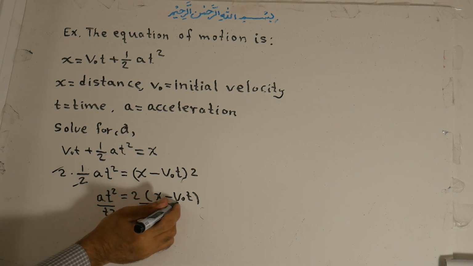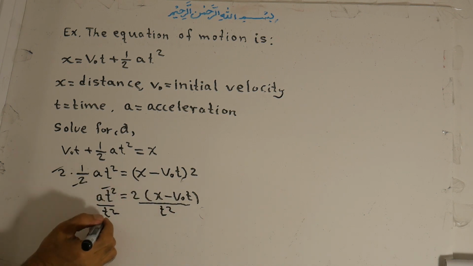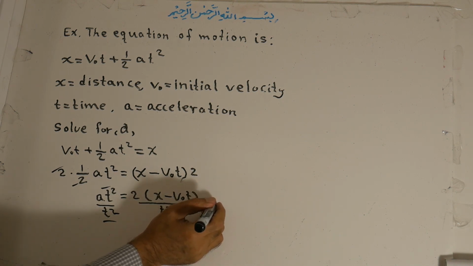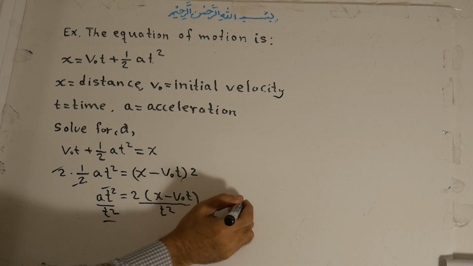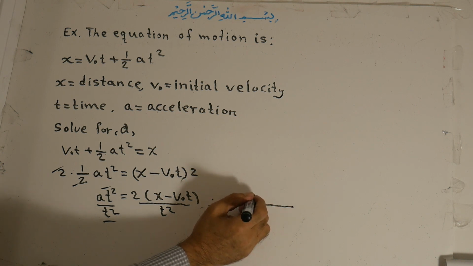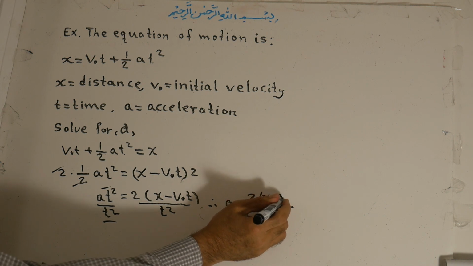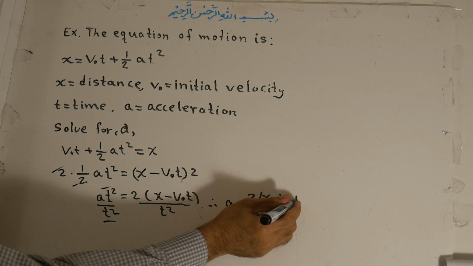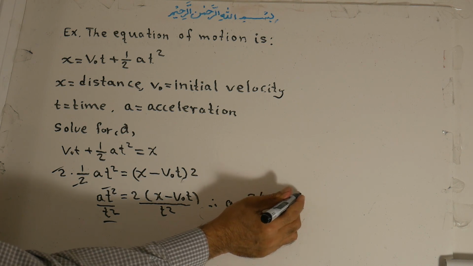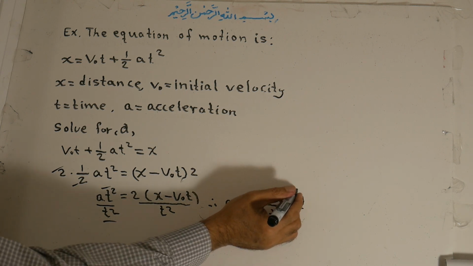T squared cancels with the t squared. Therefore A is equal to 2 times x minus V0t, over t squared.